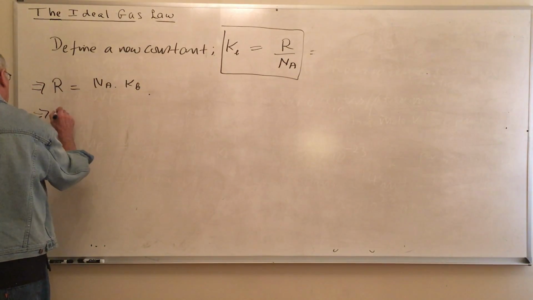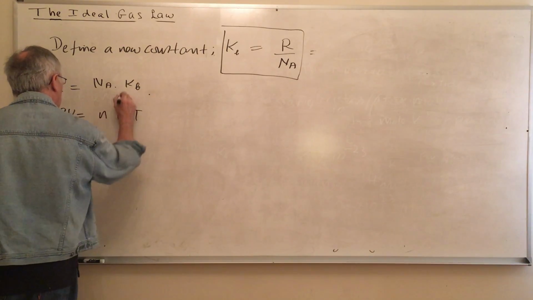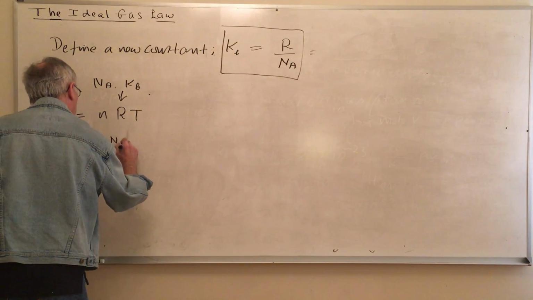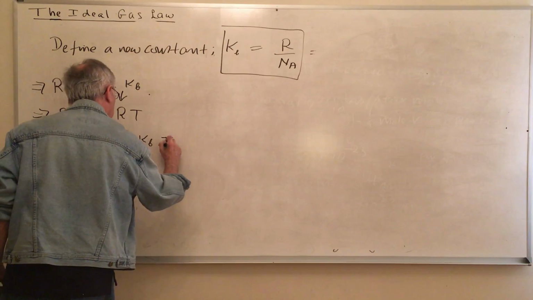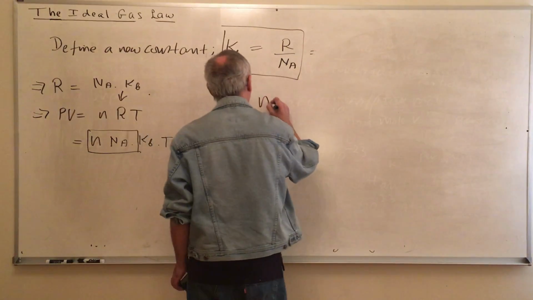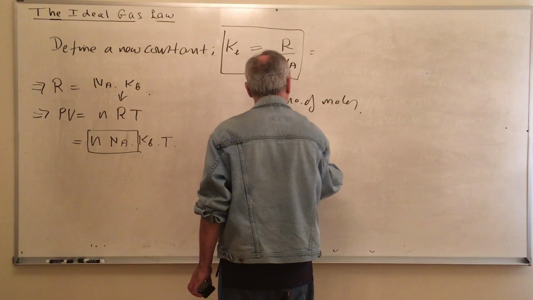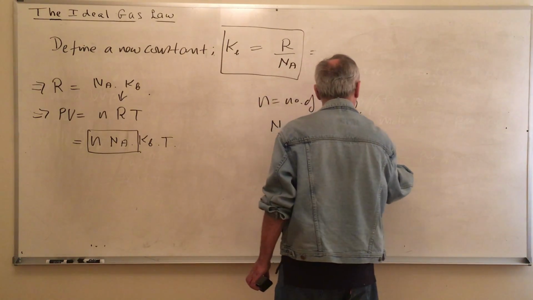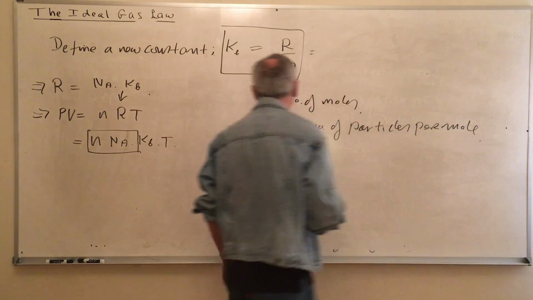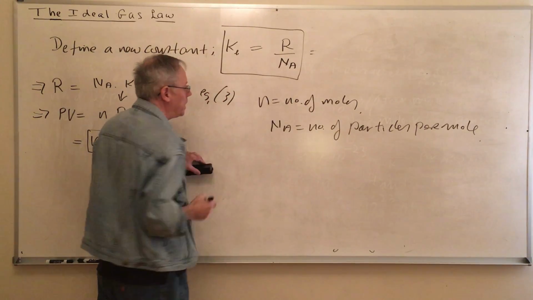So therefore we can take our ideal gas law and substitute in for R. Now look at this quantity here. So that's n, for example, and we know what this is.